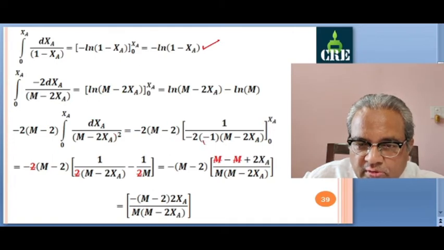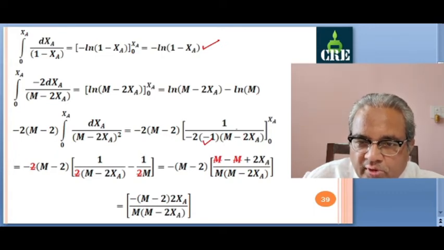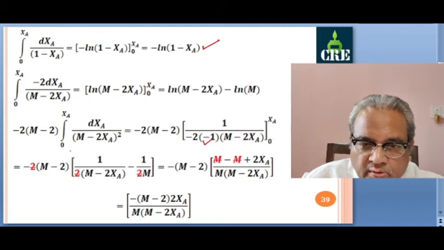So this is minus 1, m minus 2xa raised to minus 1 is 1 upon m minus 2xa, into 1 upon the derivative of this, which is minus 2. So minus 2 into minus 1, and that is to be substituted for 0 to xa. So I have written this minus 2 m minus 2.